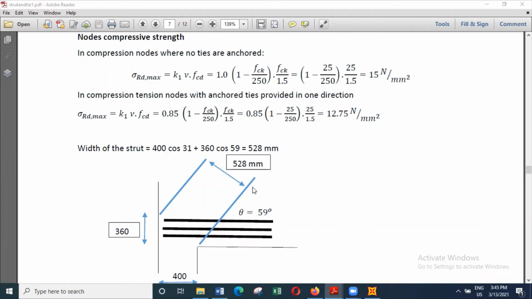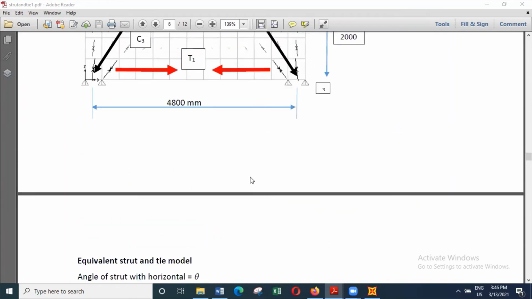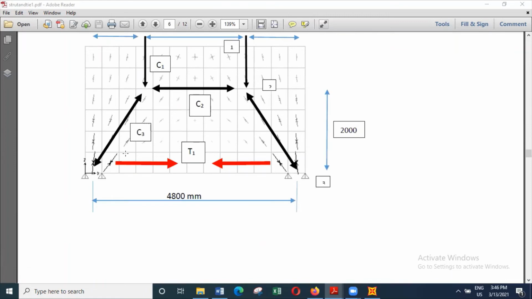And we have to make sure that the concrete in the strut will not fail. So what we do is, we can check the stress in the strut. The stress in the strut is the force in the strut divided by the area, and the force in the strut is C3.